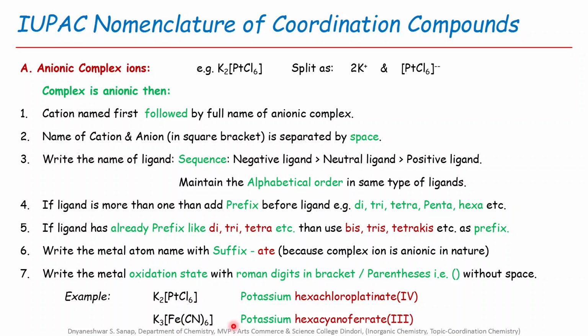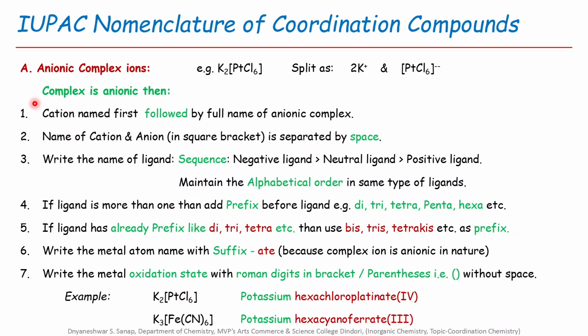So we write the name as: potassium, after that a space, after that the number of ligands present, that is hexacyano, then the name of the metal atom with the suffix ate, that is ferrate, and the oxidation state of the metal atom. The resultant name is potassium hexacyanoferrate(III).